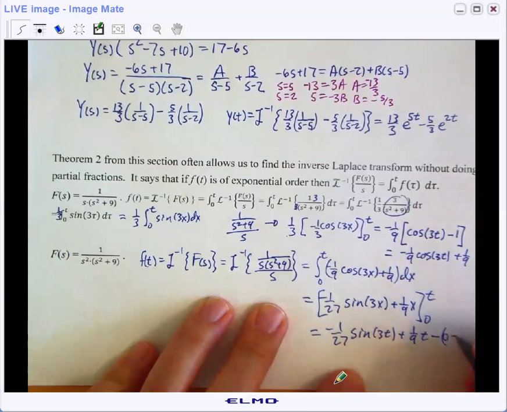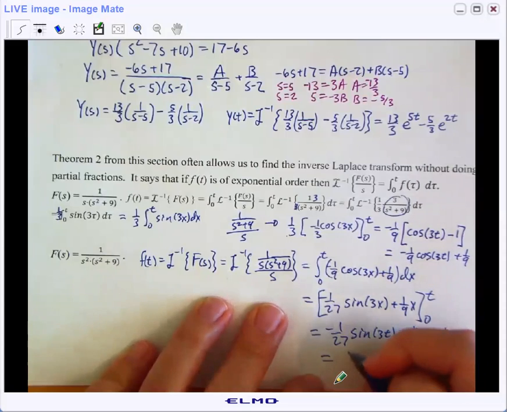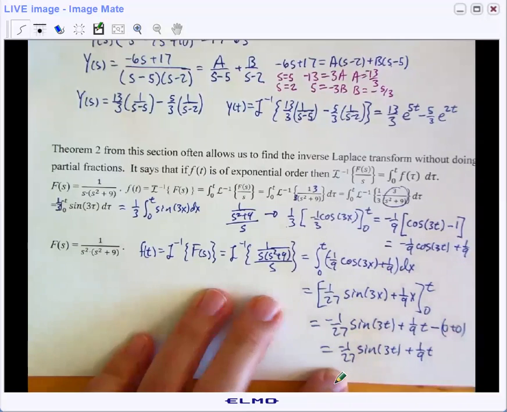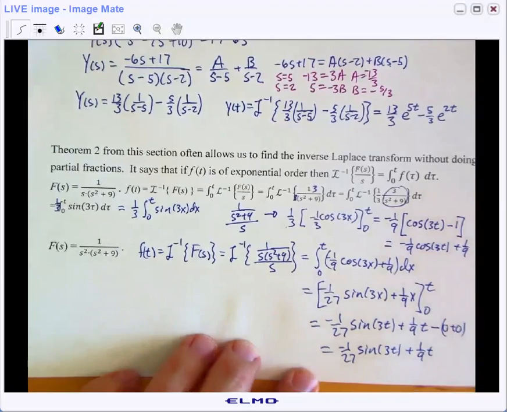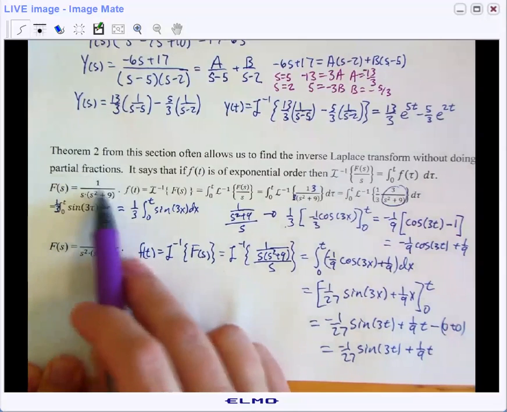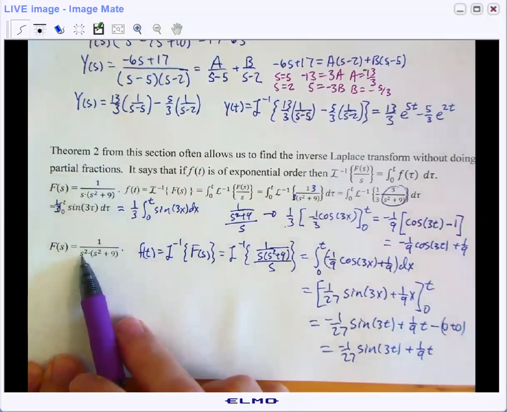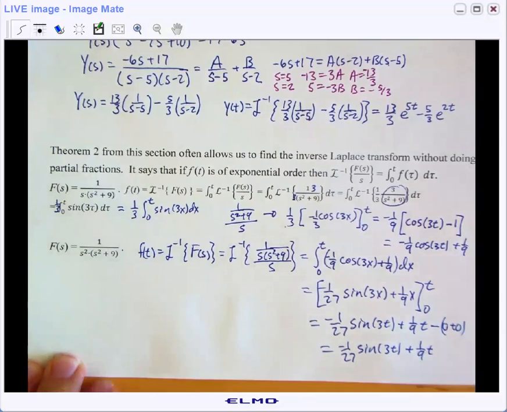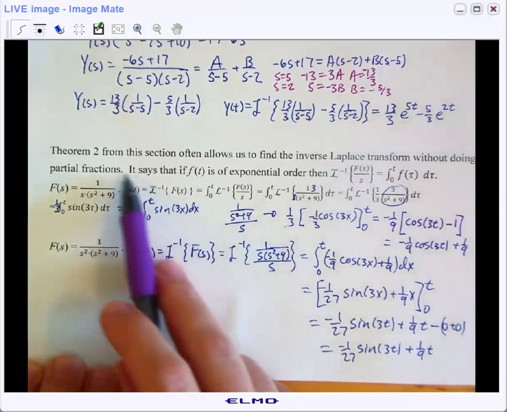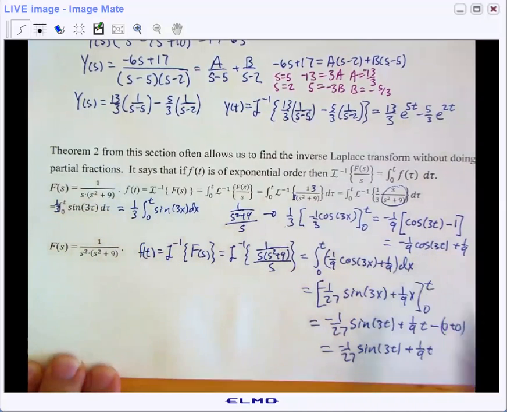So we would just get negative 1/27 sine of 3t plus 1/9 t. Now, if you wanted to, you could break this apart into partial fractions. We'll teach you how to handle the repeated roots shortly, though. So hopefully that's made sense. It's another way that you can find the inverse Laplace transform, but in this case, we did it without having to do the partial fractions.